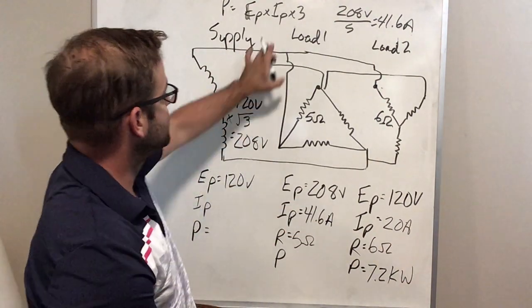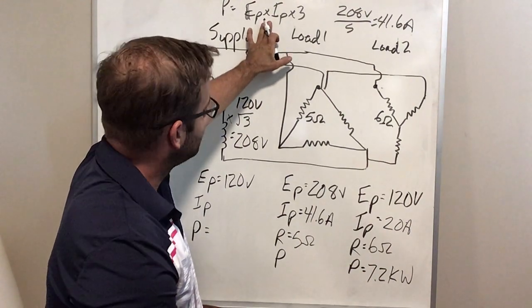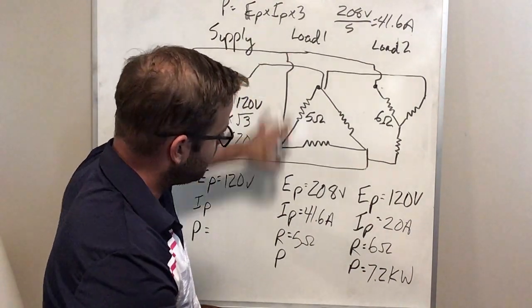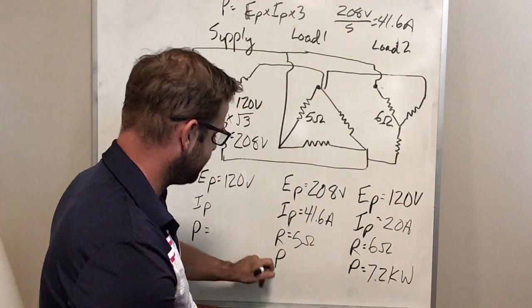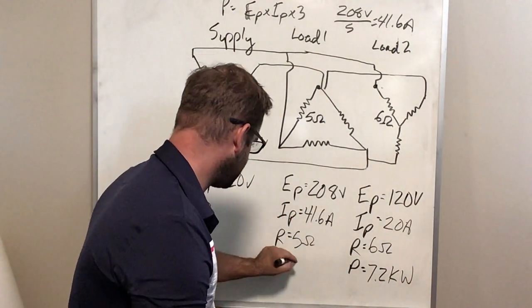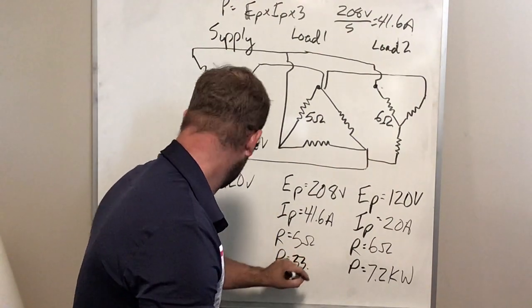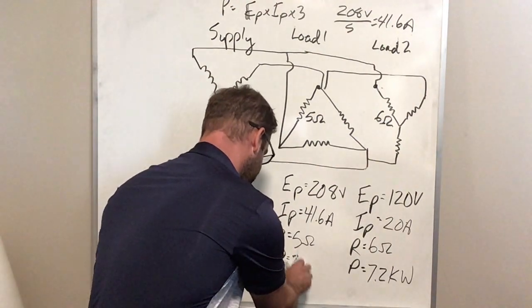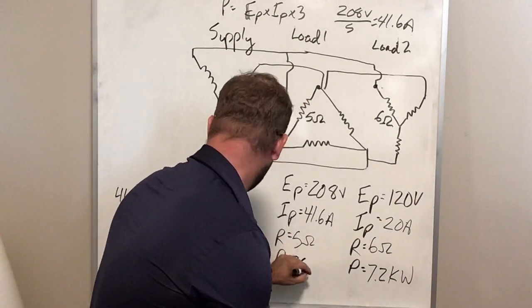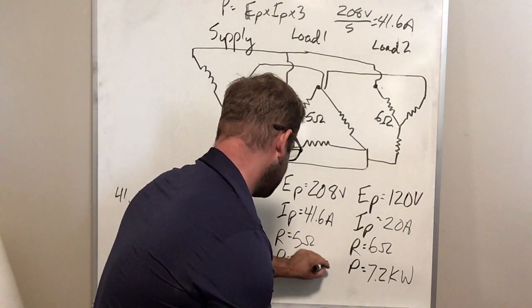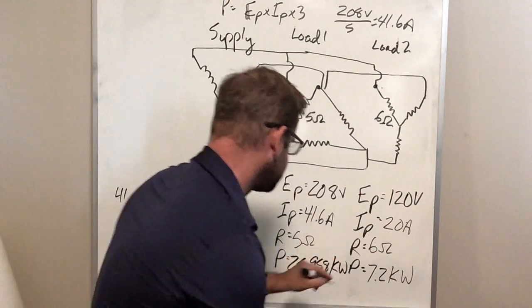And if we use this formula here for finding three-phase power, 208 volts times 41.6 times 3 gives us an answer of 25.958 kilowatts.